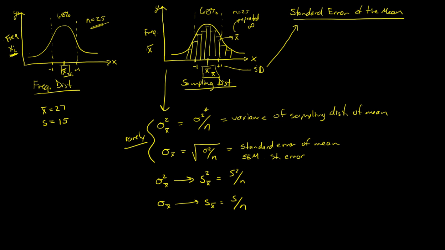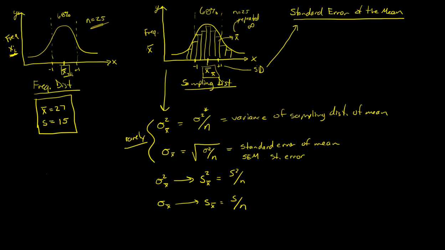And so from our example, the standard error of the mean, had we just done this first experiment here where we pulled 25 individuals from our parent population and calculated their mean age, we could calculate the standard error of the mean as the following.